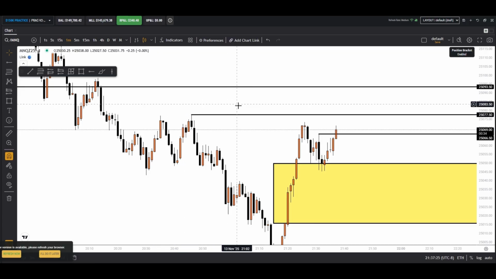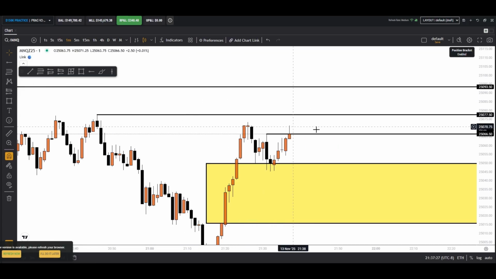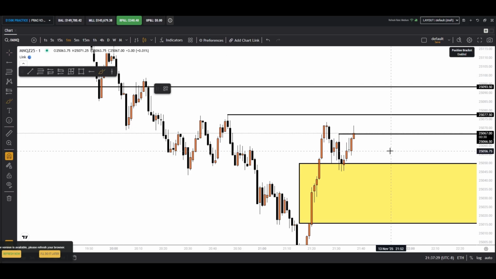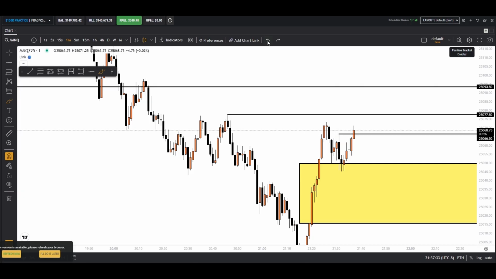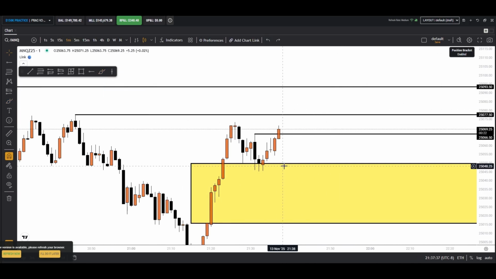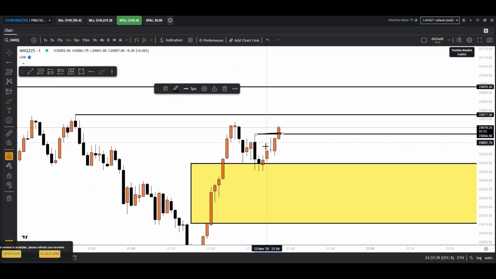Our target would be to close this on the 5 minute. So we should assume once we get here we should stay above here to try and come higher. So I wouldn't really even take this as target. We can close this and pull back into this.